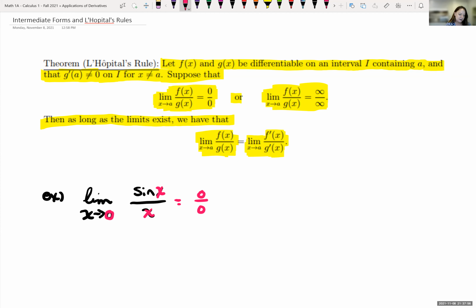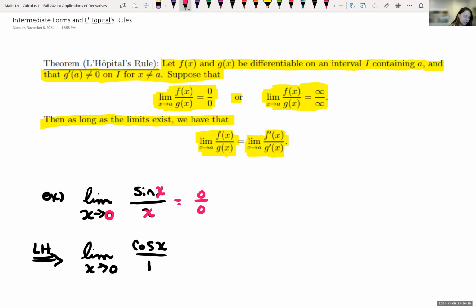Well, L'Hopital's theorem says let's look at the derivative of the numerator all over the derivative of the denominator. When we're using L'Hopital's, let's put LH here, saying that this is what we were applying. We're still taking the limit as x goes to 0, but L'Hopital says we take the derivative of the numerator, so the derivative of sine x is cosine of x, all over the derivative of x, which is 1.